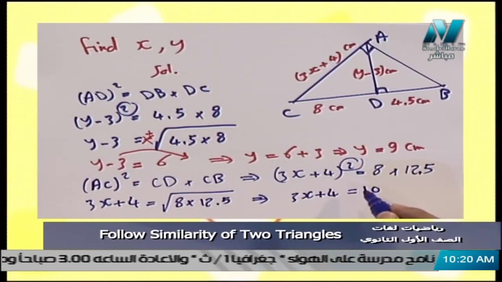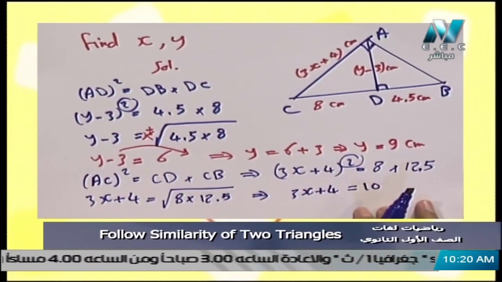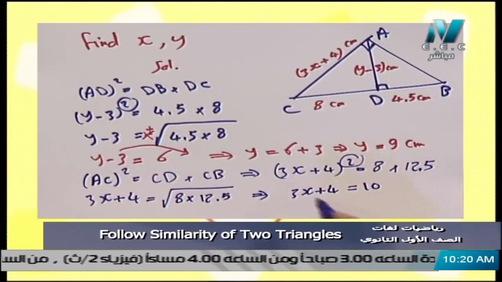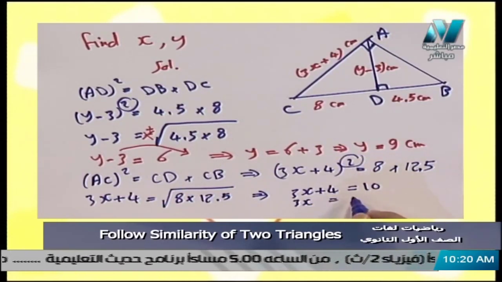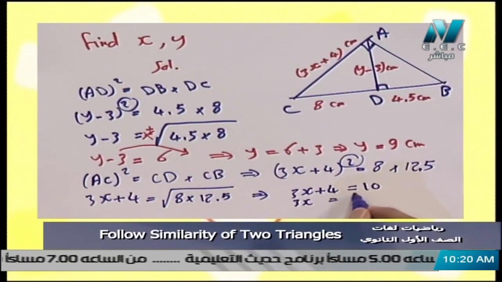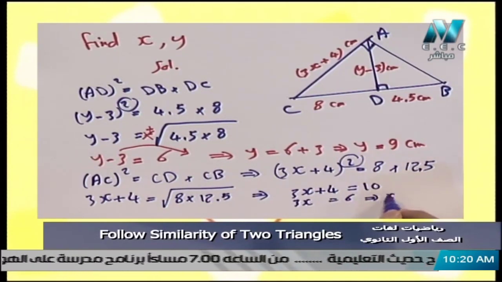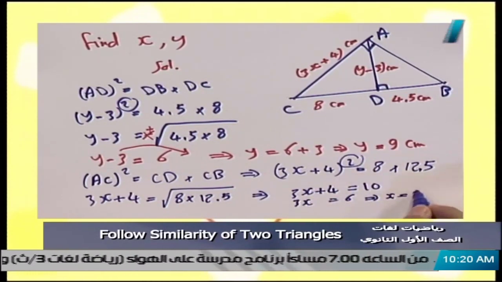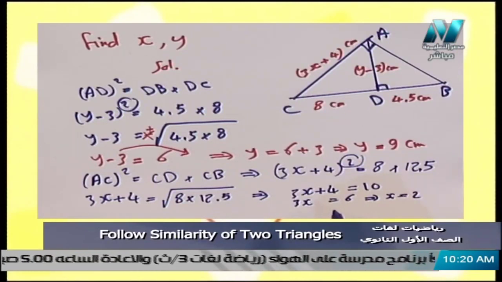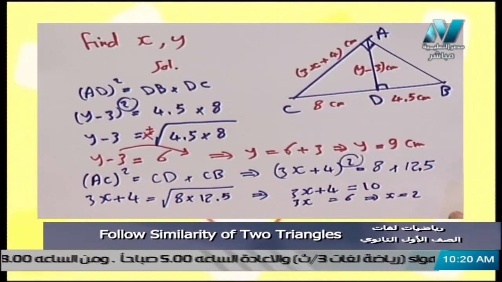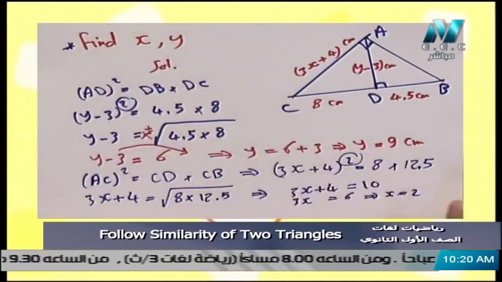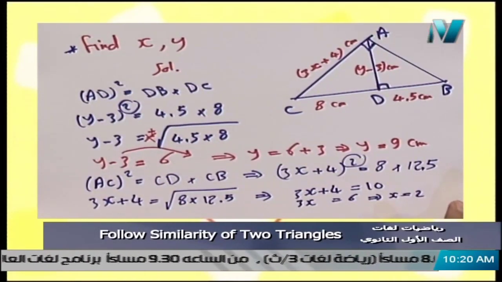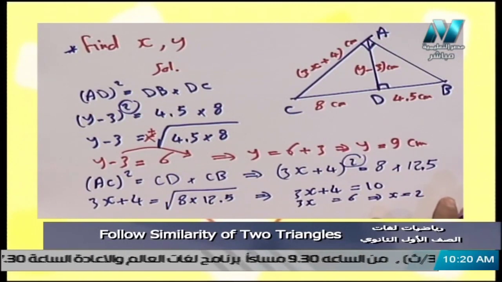And we will continue solving this equation. 3x here equals 10 minus 4 equals 6. And also x equals 6 divided by 3 equals 2. So x here equals 2. And we have solved the first example, which for us is very easy.